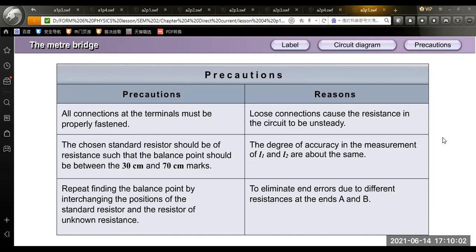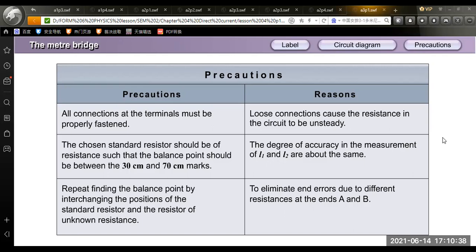If the connection is loose, the contact cross-sectional area is reduced. The reason: a loose connection causes the resistance in the circuit to be unsteady, sometimes higher, sometimes lower. Once connected well, it has low resistance; with a loose or lost connection, the resistance increases suddenly.